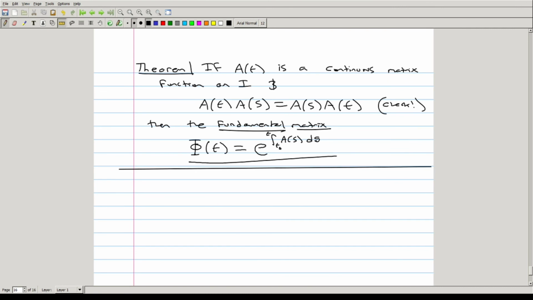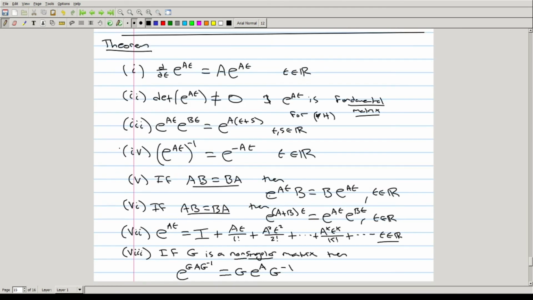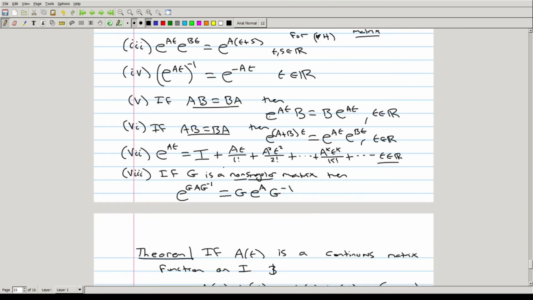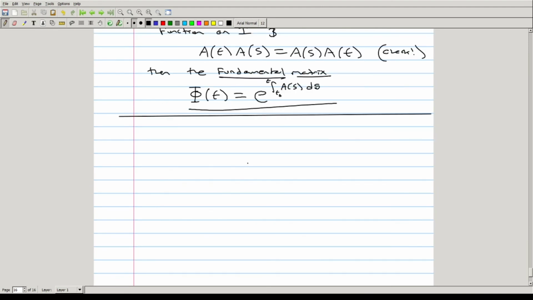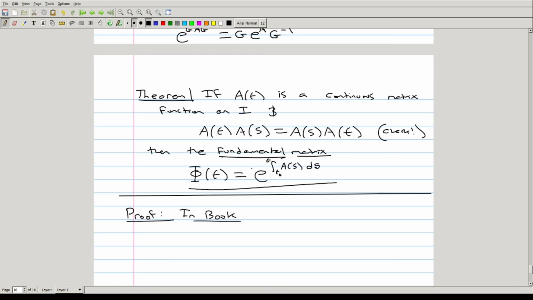And this can be proven a number of different ways. In the book, we heavily use the power series, the Taylor series of the matrix exponential to go through and prove this. But I recommend going through and doing it that way as well. I'm not going to go over it, but it's in the book. And this is a beautiful generalization of what the fundamental matrix, or the fundamental solution for the homogeneous problem is in 1D, but now to n by n systems of possibly variable coefficients.